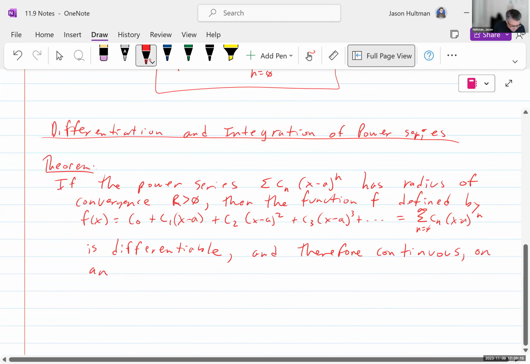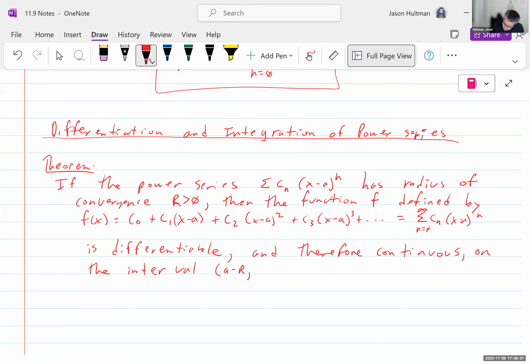This is centered at a, so it's going to be a minus R to a plus R. a is the center, and R is the radius of convergence.